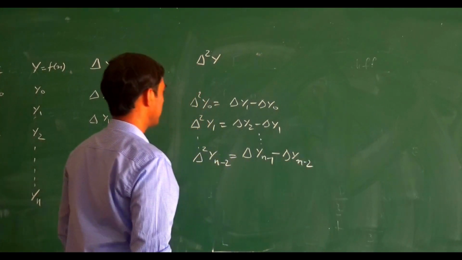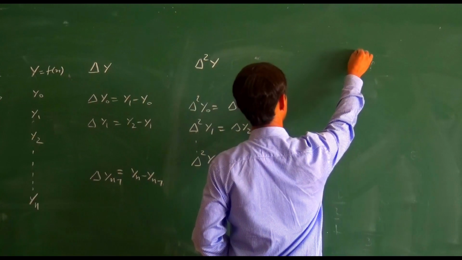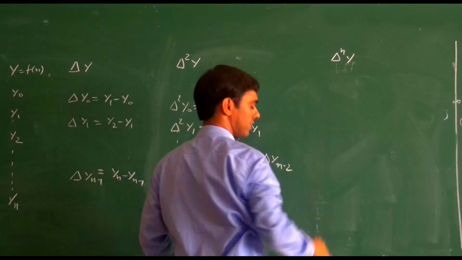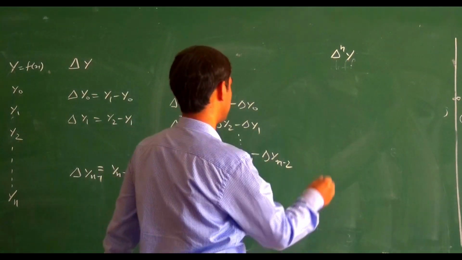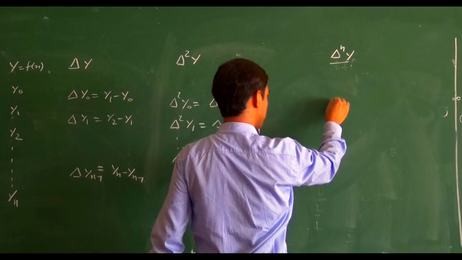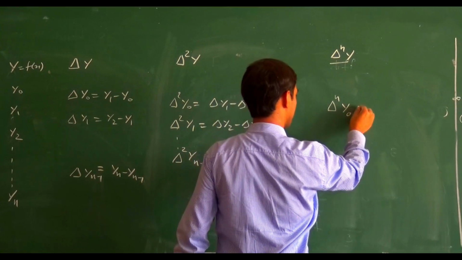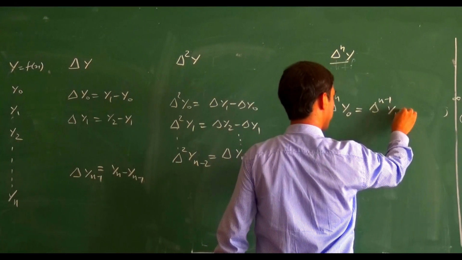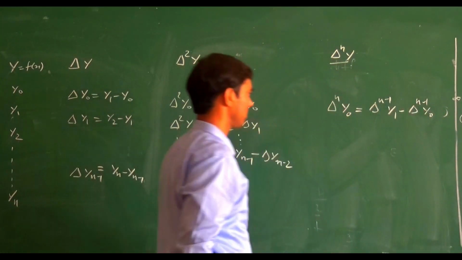In a similar manner, the last is the nth order, del n y. How many terms does del n y have? There is one term, del n y0, which equals del n minus 1 y1 minus del n minus 1 y0.